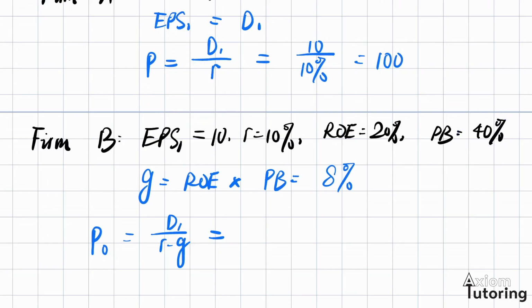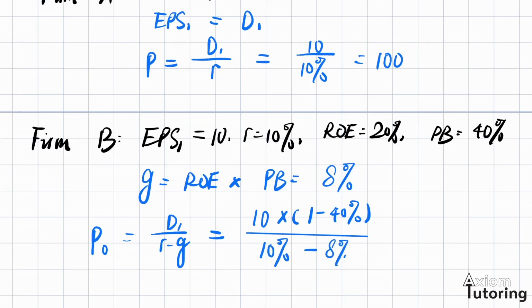So do not use 10 here, but rather 10 multiplied by 1 minus 40%. You get 60% of that earnings as your dividend. The discount rate is still 10% and the growth rate is going to be 8%. Now we have 6 divided by 2%, which is 300.